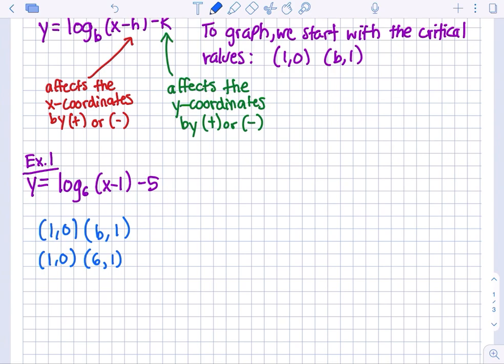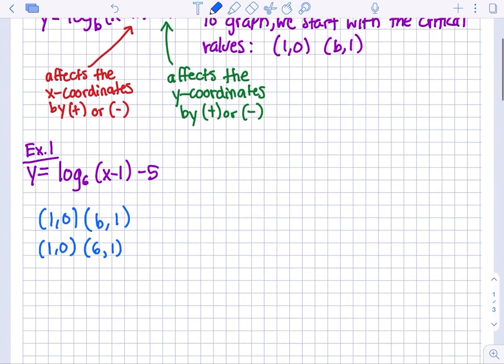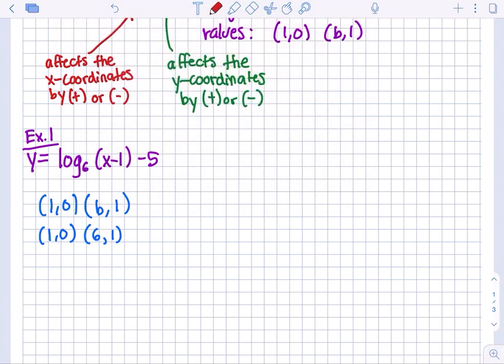Okay, now let's look at our transformations. So this goes right 1, and this goes down 5.